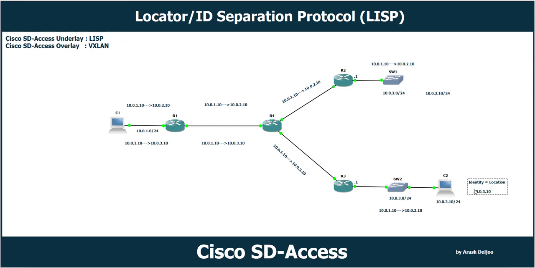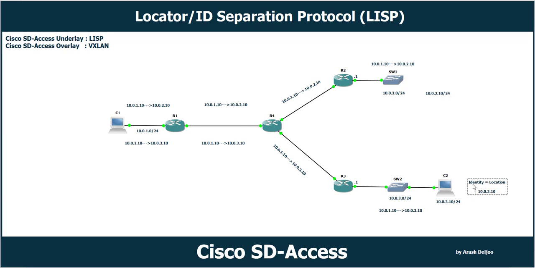It means that the identity of computer 2 is its IP address, and the location of computer 2 is in the 10.0.3.0/24 network.